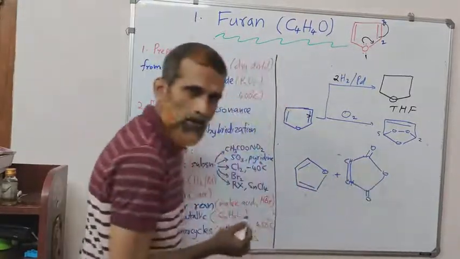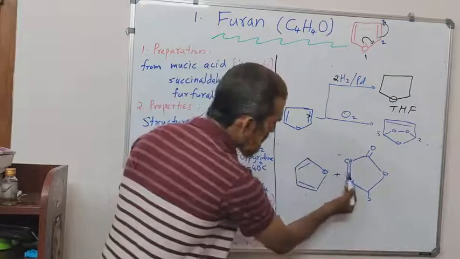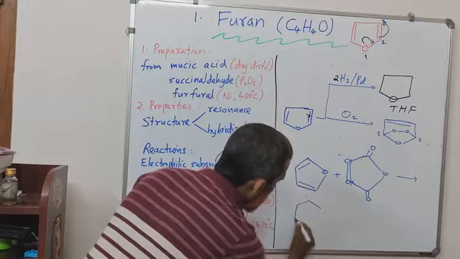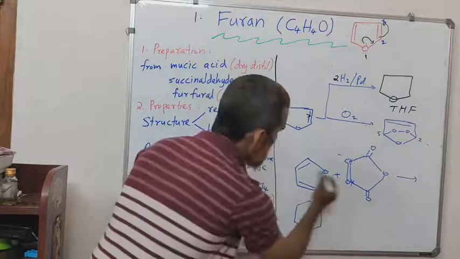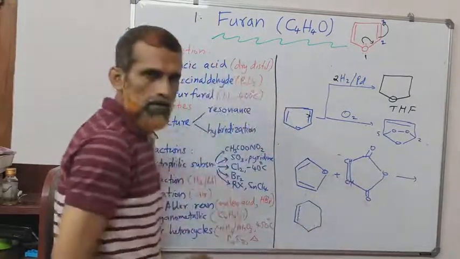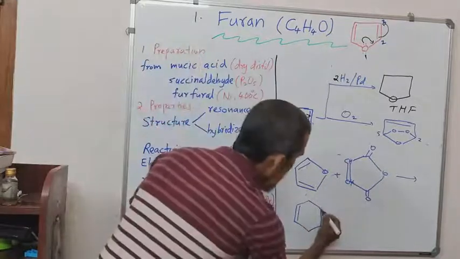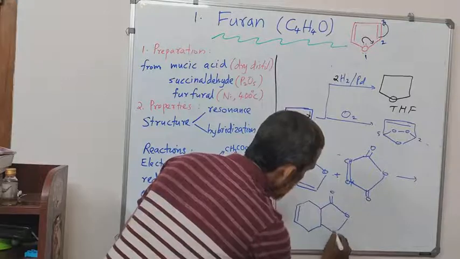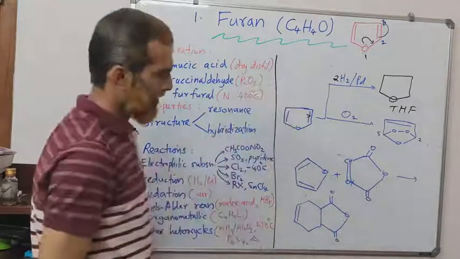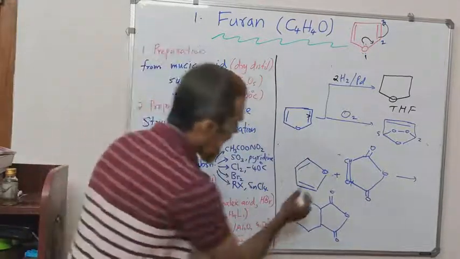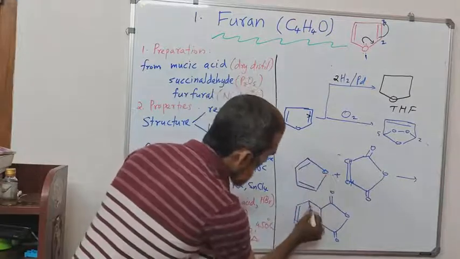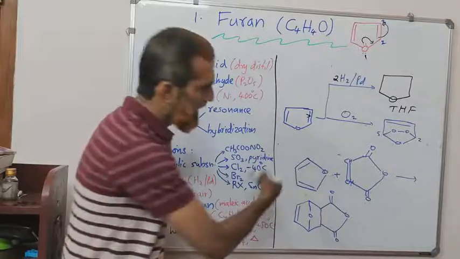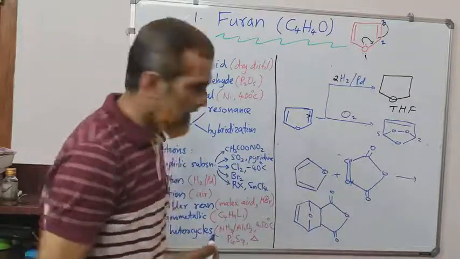So adding this system to this double bond, what do you get first? It becomes like this. These two become a 6-membered ring, and the rest will be like this. Of course, this oxygen is there in the middle. So this is the kind of adduct you get.